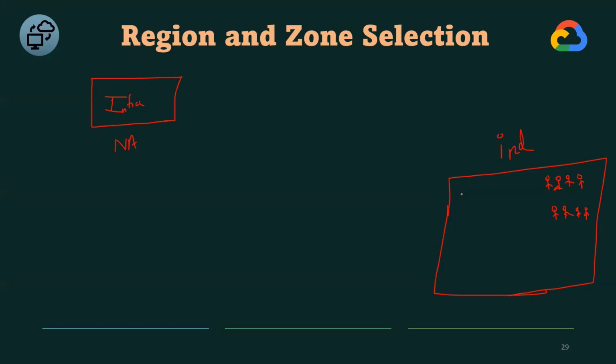So what do you try to do? You try to deploy it on top of North America's data center. What is the problem? There will be a network lag while deploying, and the latency will be there. That application may be less available to you.